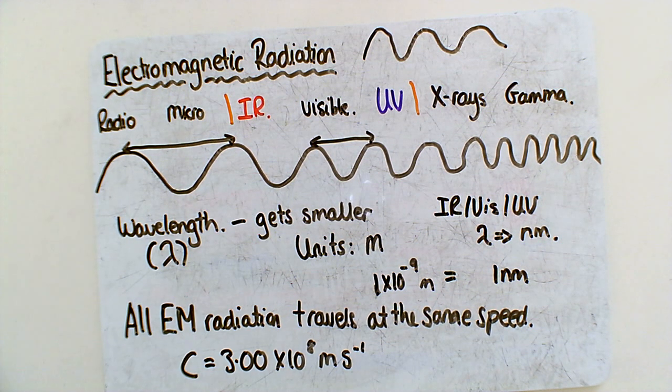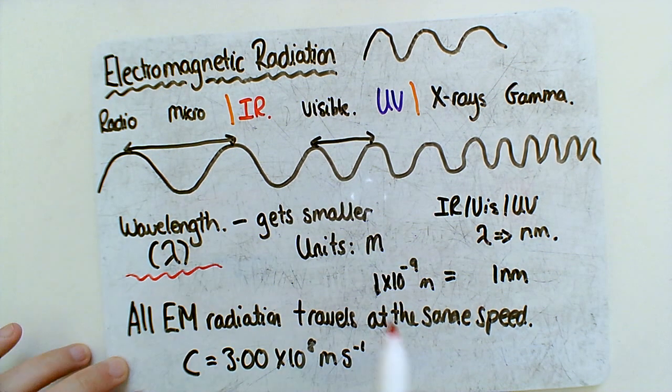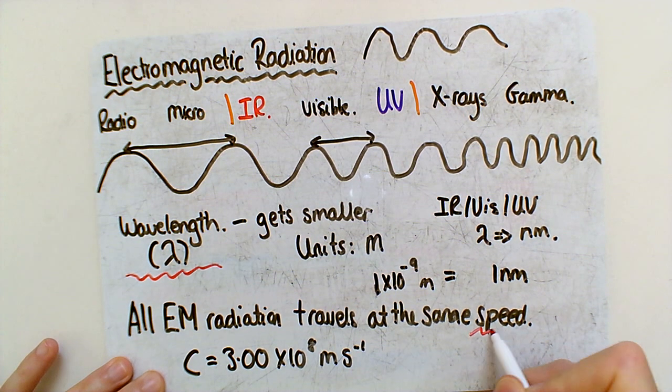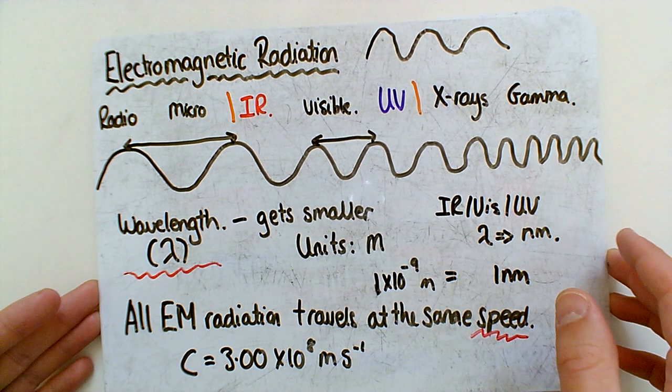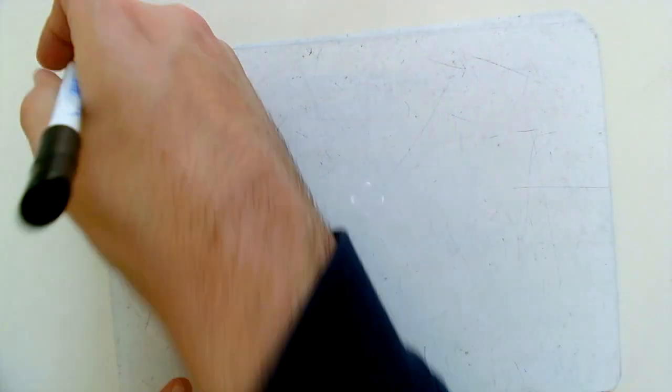So we've looked at wavelength and we have looked at speed. There is another property of electromagnetic radiation which relates those two things to one another. So that thing is the frequency.